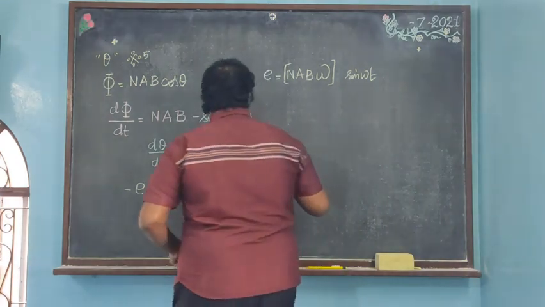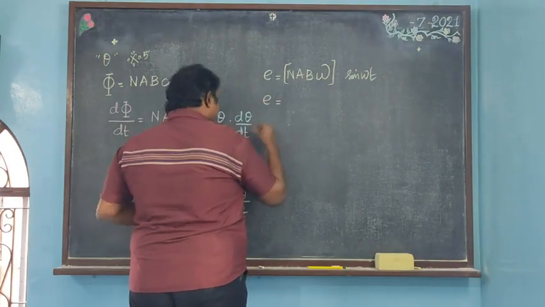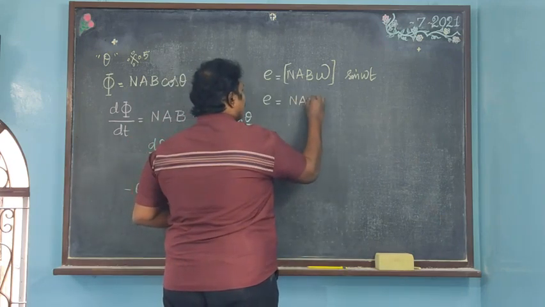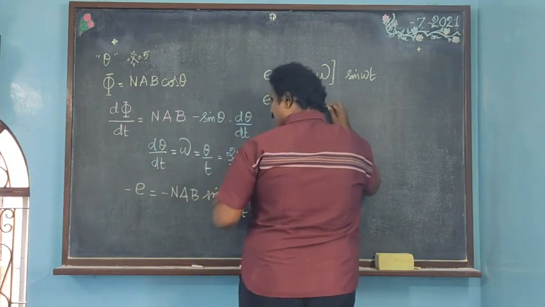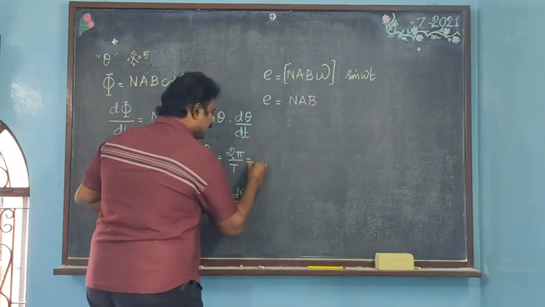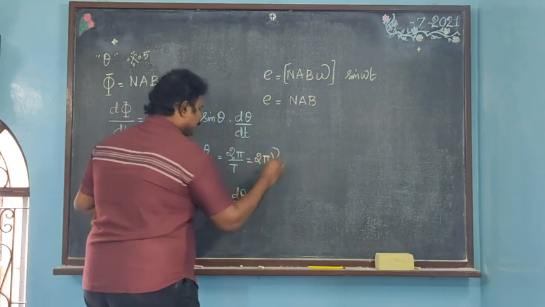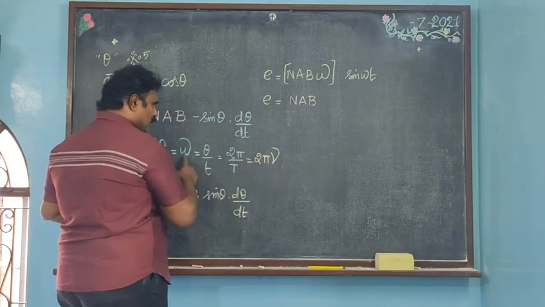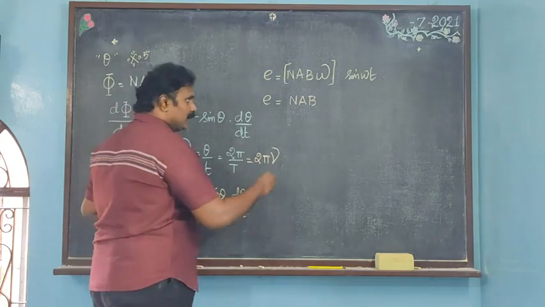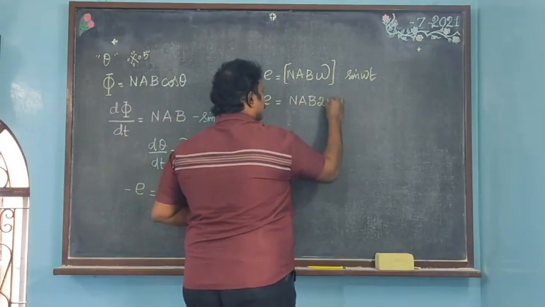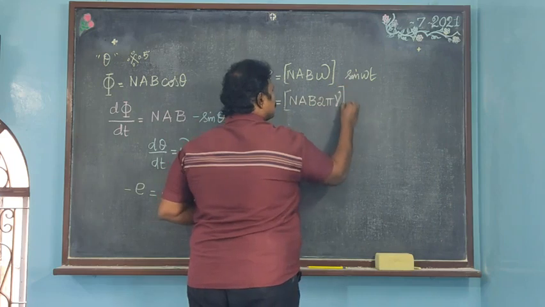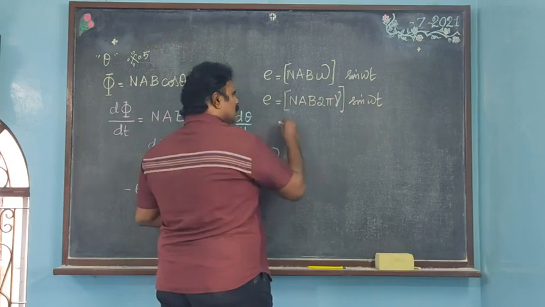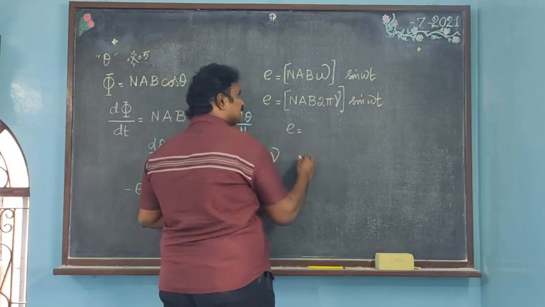Yes. Right. Now E is equal to, listen to me, N A B, and instead of omega I can write 2 pi into nu, because you know the reciprocal of the time period is equal to frequency. So omega can also be written as 2 pi nu. So in the place of omega I write 2 pi nu into sine omega t. Now I can take this equation like this.